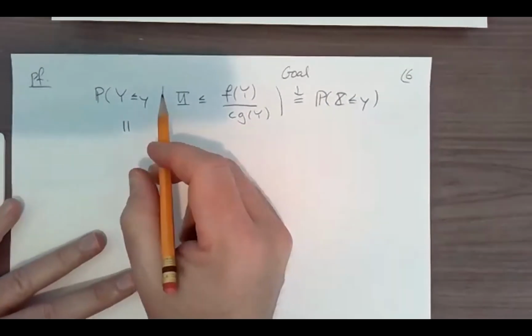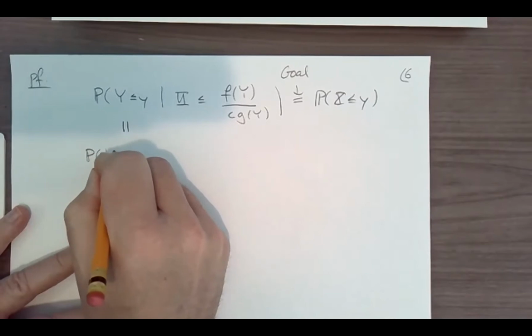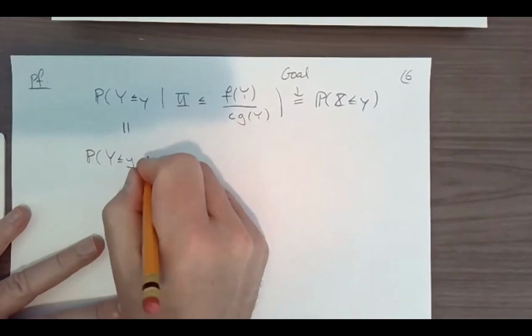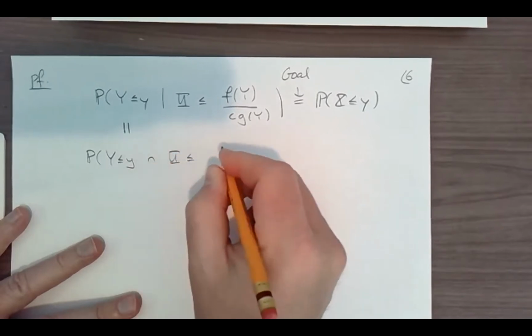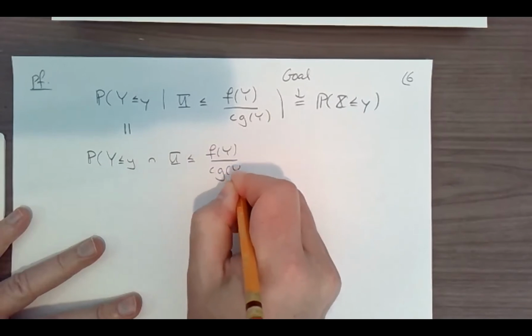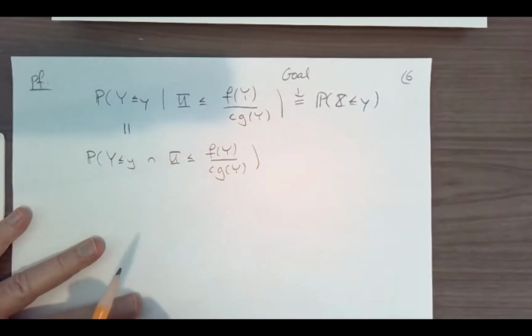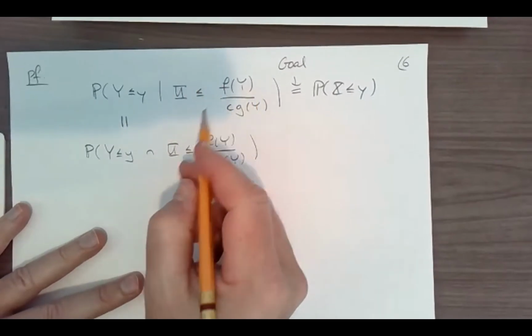The first part here is a conditional probability, so we compute this as the probability Y is less than y and U is less than f of y divided by c g of y. And then we have to remember to divide by the probability of the thing we're conditioning on.